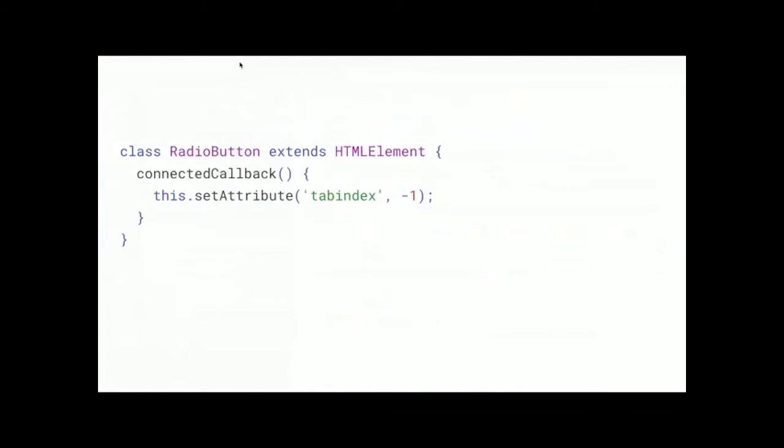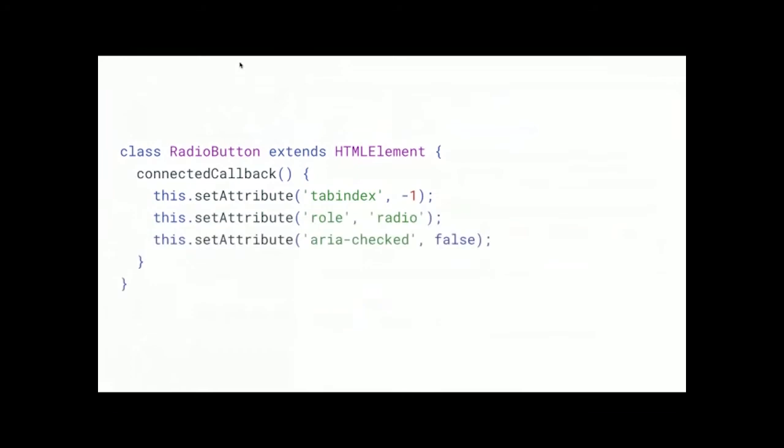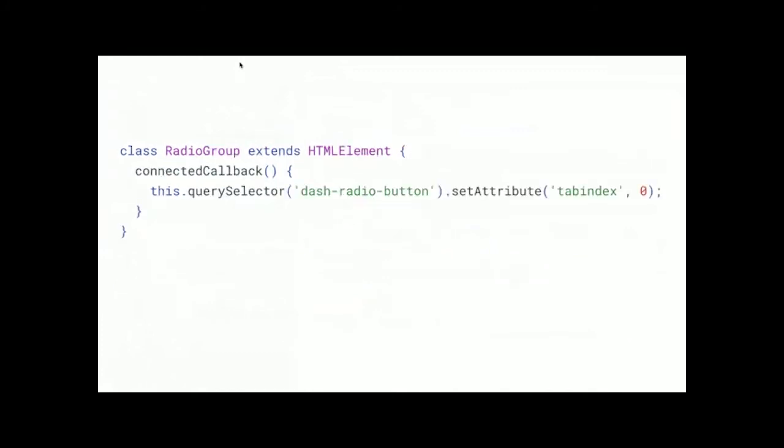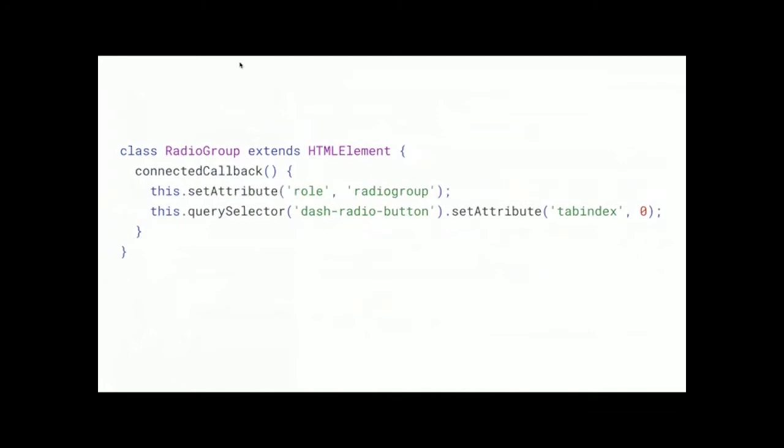Let's look back. This is sort of like the constructor, or the connected callback, for my radio button that I originally had, where I was doing roving tab index, so I was just setting it to tab index -1. The two additions that I'll make to this is I'll also have the element self-apply a role of radio and self-apply an initial state of ARIA checked being false. And for my radio group, similarly, I'm going to self-apply a role of radio group.